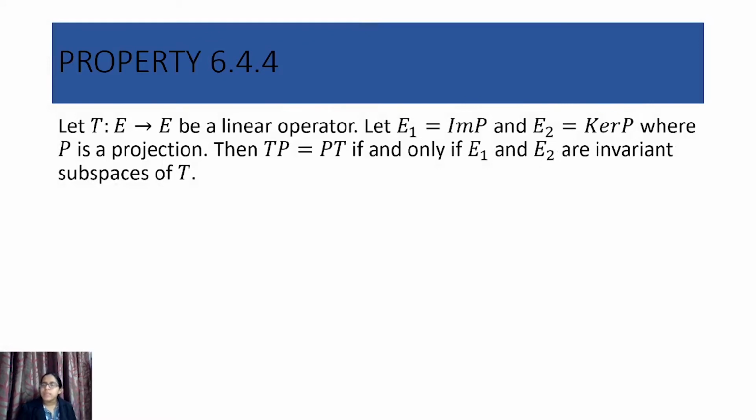That is, let T from E to E be a linear operator, let E1 be image of P and E2 be kernel of P, the same as in the previous property, where P is a projection.